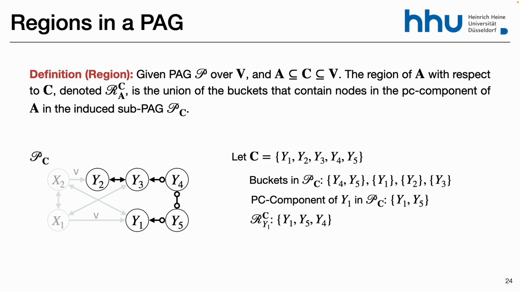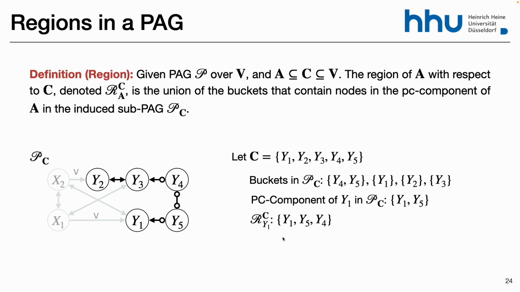However, when I get the region of Y1 in the set C, it is together with Y4, because I have to put together all the buckets for every variable in the set. So I get the PC components, and then I get what the buckets are: the bucket of Y1 is just Y1, and the bucket of Y5 is this one, so it's Y5 and Y4.